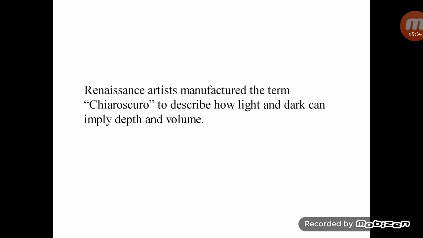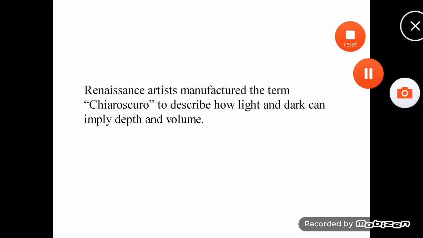Renaissance artists manufactured the term chiaroscuro to describe how light and dark can imply depth and volume. So the word chiaroscuro is a combination of two Italian words that means light and dark.